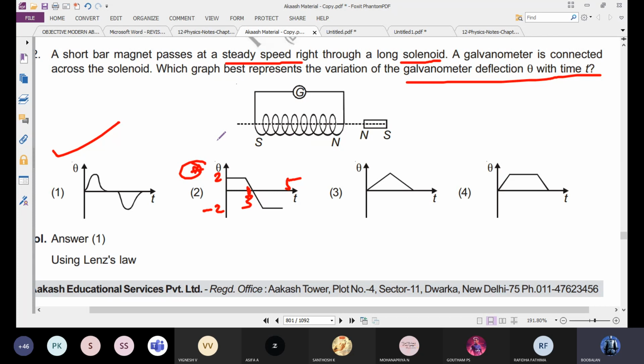Very simply, it is only applicable to a sine wave, and this is not a sine. This one is increasing up to 2, again decreasing. This one is increasing up to 1, after that it is constant, again changing. So please mark it now. Note it please, everyone.